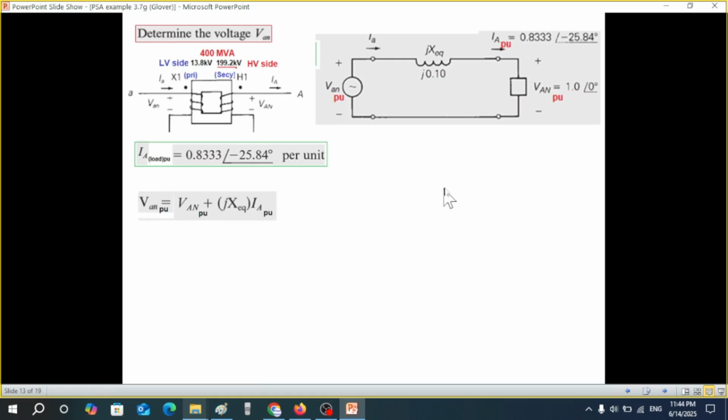So we can use the KVL equation. This voltage is equal to VAN plus the drop in X. We had already discussed that this will be 1.0 with phase angle 0 as a reference. Then j XEQ, which is 0.1, multiplied by IA PU, this current.